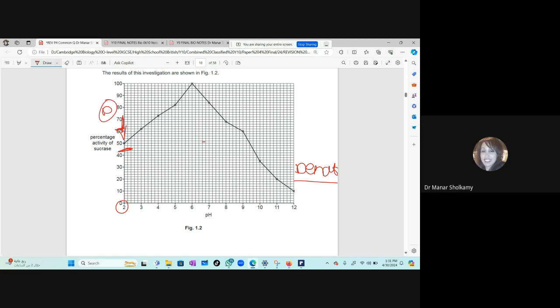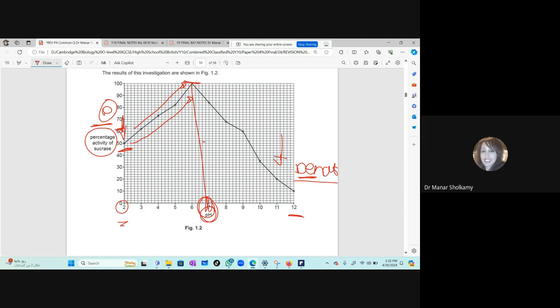So when we talk about this type of graph, we are saying that the pH is moving towards the optimum. That is why the percentage activity will increase until it reaches maximum when we reach the optimum pH. But if the pH is far away from the optimum at the extreme ends, whether at 2 or at 12, and the optimum is near 7, it will also denature here and here.